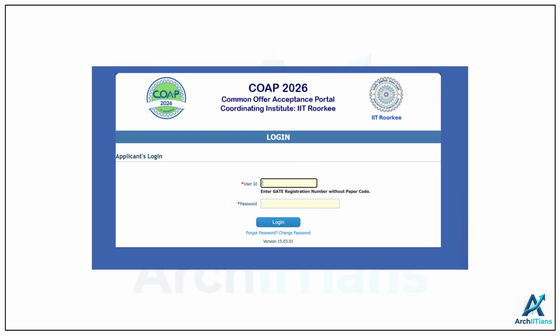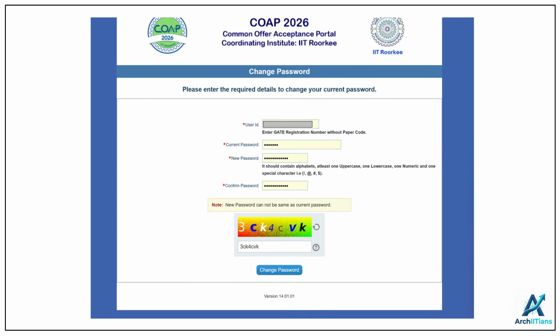After that, you will be sent the user ID and password generated by the system, and you can just put that here and log in. After you log in, it will ask you to change to a new password. There are certain requirements: uppercase, lowercase and a special character have to be included. After you change your password, you again have to enter a code and click change password, so your password will officially get changed.